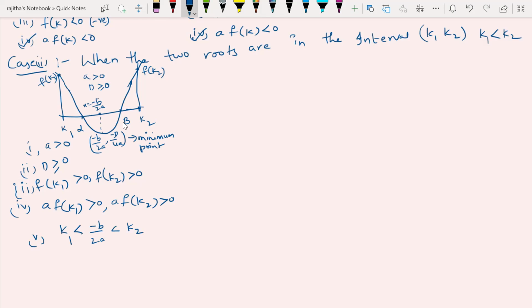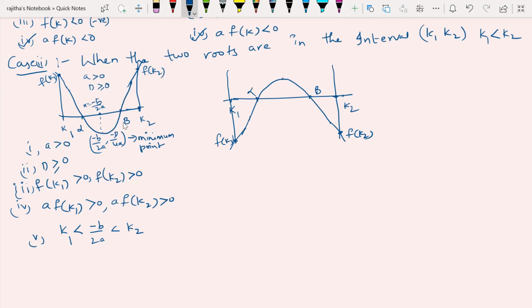And one more case, the downward direction. If you take the graph like this, with alpha, beta, here are k1, k2. When we extend this graph, this is f of k2, this is f of k1.